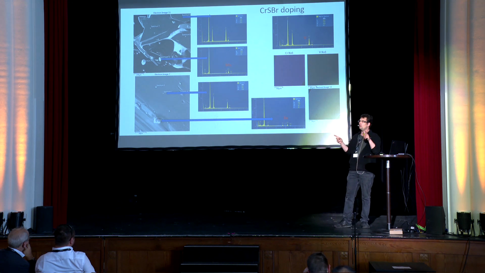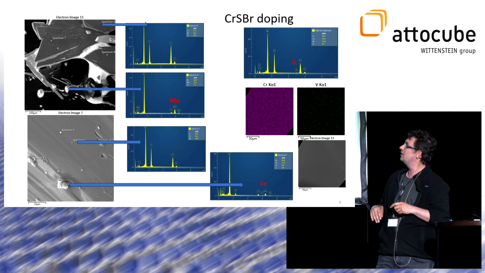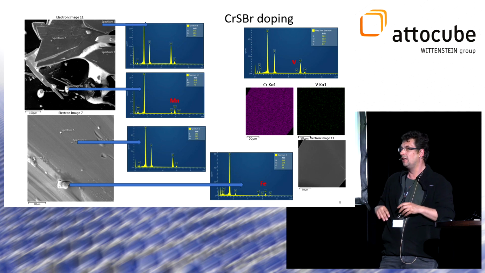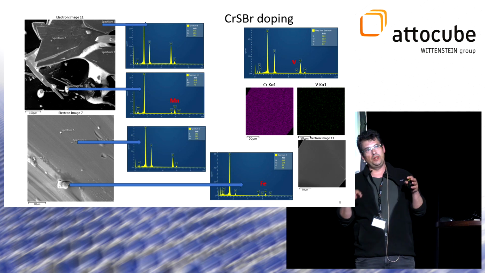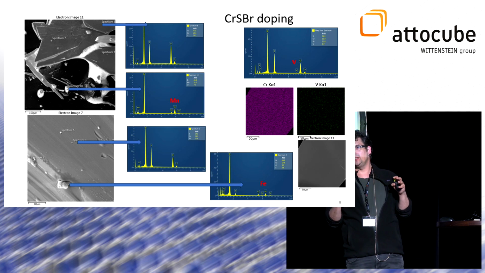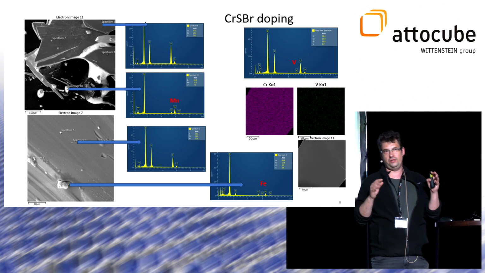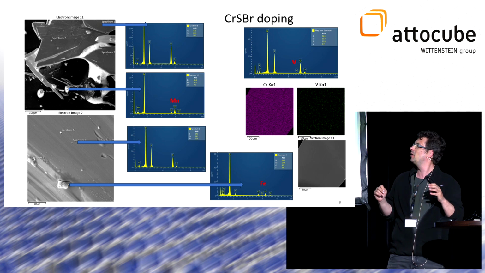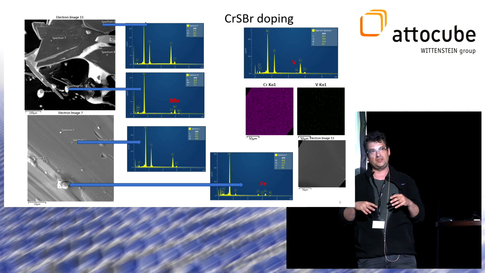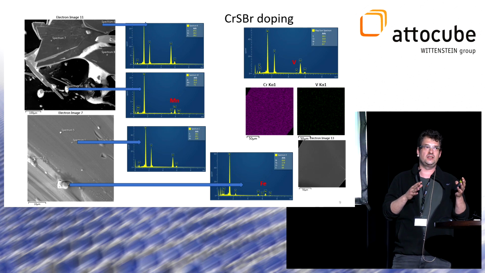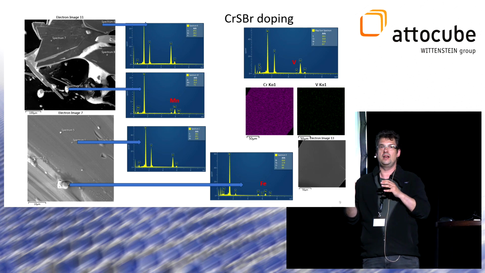And from all surrounding elements, recently we also tried titanium, we also tried nickel. Only vanadium is possible to incorporate and substitute just about 1% of chromium. All other elements form just a separate precipitate on the surface of crystals in the form of either chalcogens or halogens.